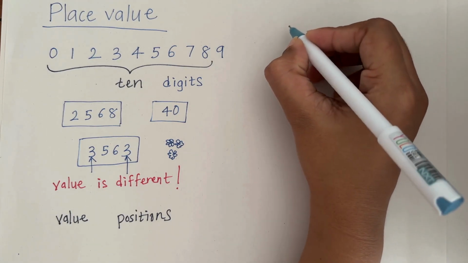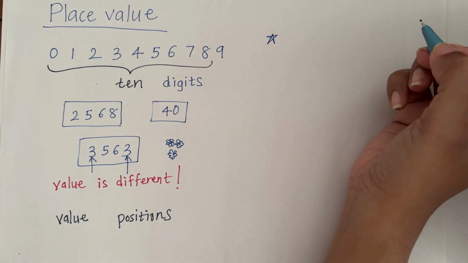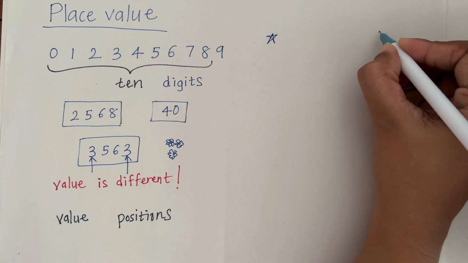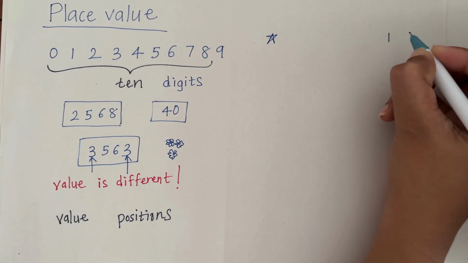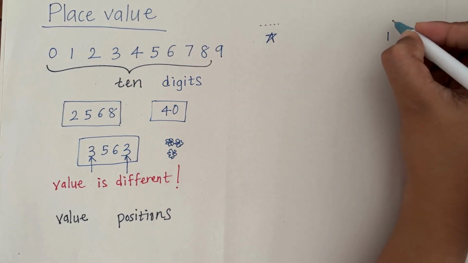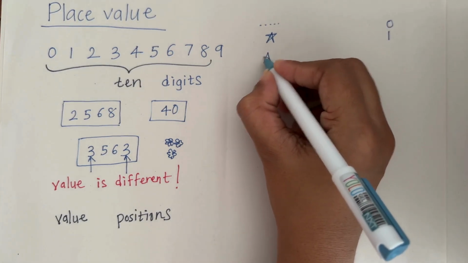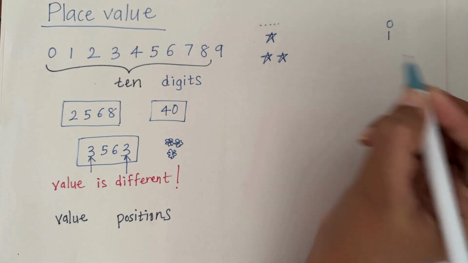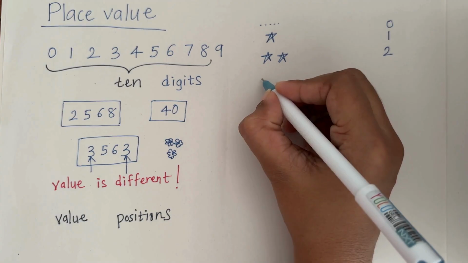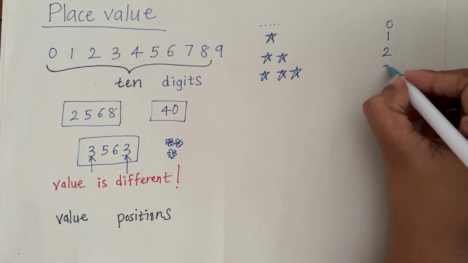Now let's consider we have 1 star. So the number of stars is 1. Here we do not have any, so the number of stars here is 0. Now we have 2 stars. Here we have 3 stars, then the number of stars is 3.